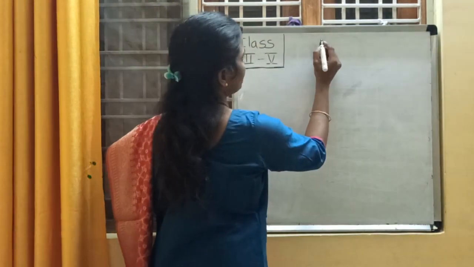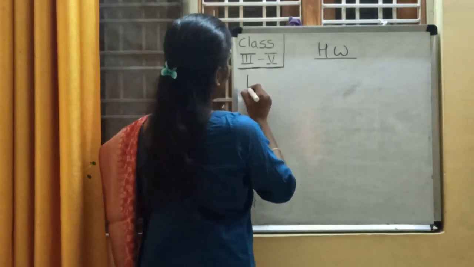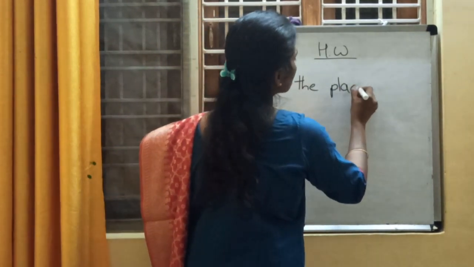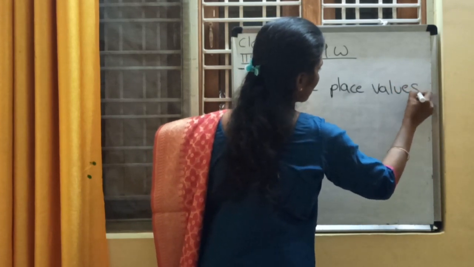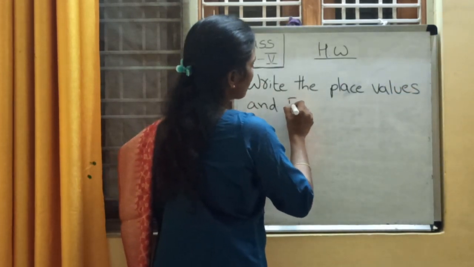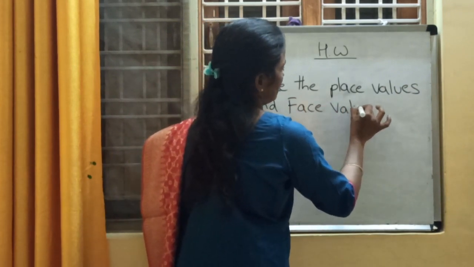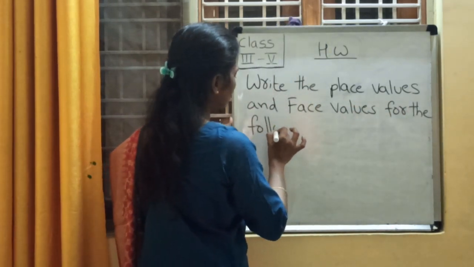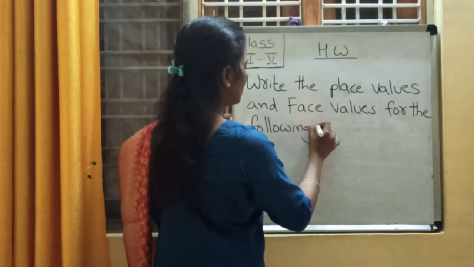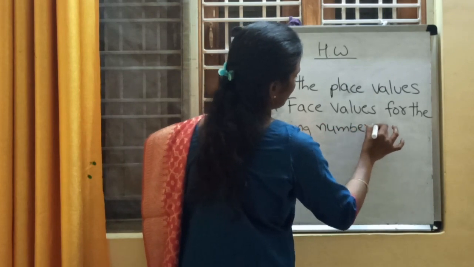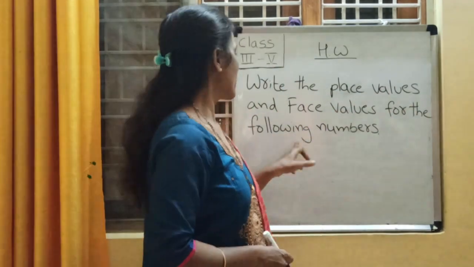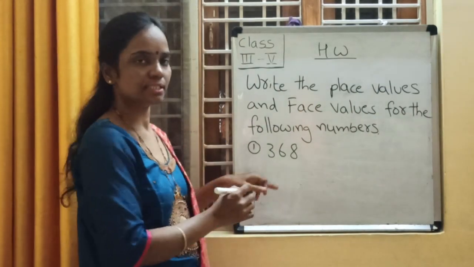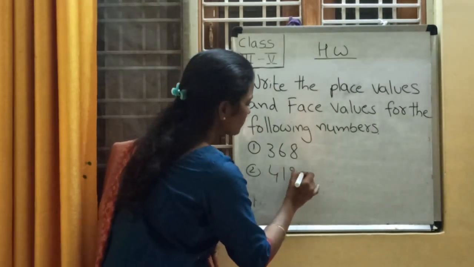Your homework is: write the place values and face values for the following numbers. 1. 368. 2. 4126.